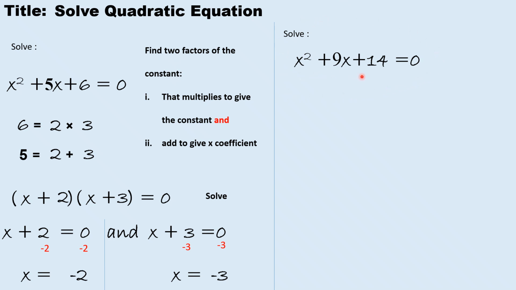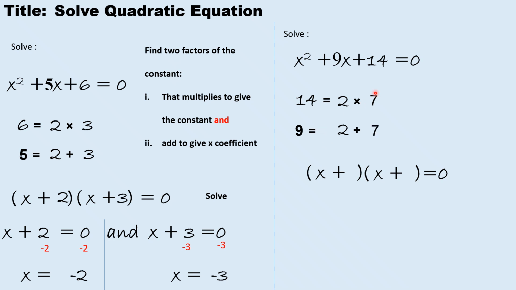Let's start. Remember, factorize first in order to solve. So here we have 14. We need two factors of 14 that multiply to give you 14 and add to give you 9. So let's look at our constant 14. Our two factors are 2 and 7. 2 multiplied by 7 is 14, and 2 add 7 is 9.